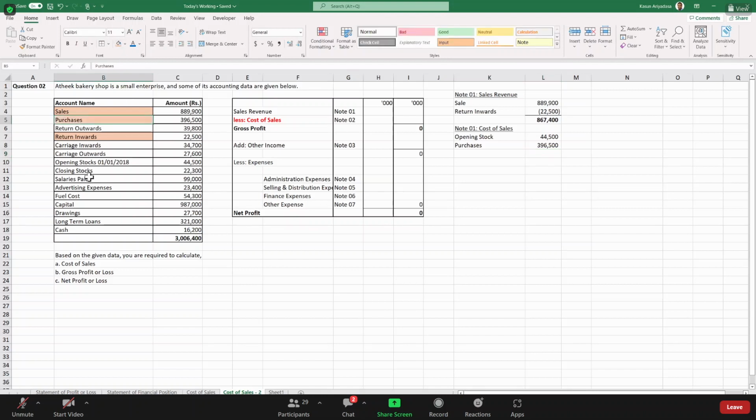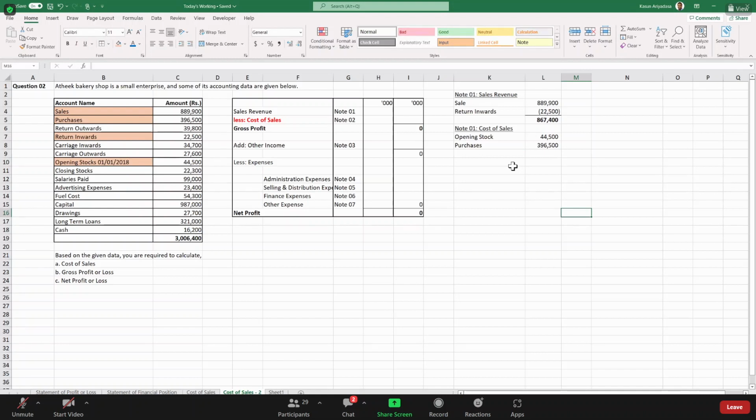Opening stocks we have done. Purchases. Now purchases need to be brought to the stores or to the venue.